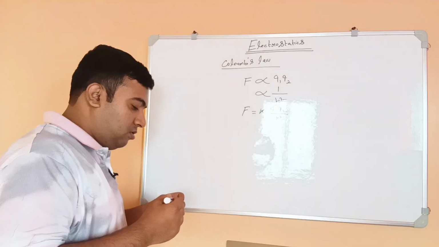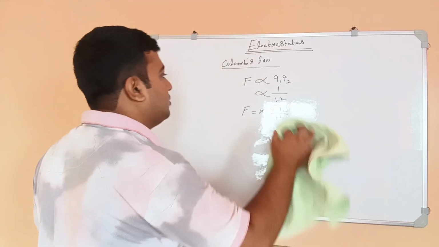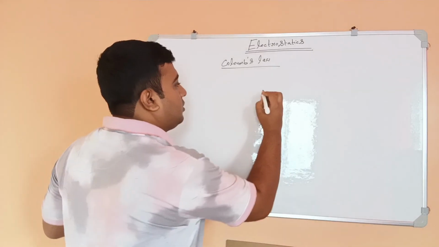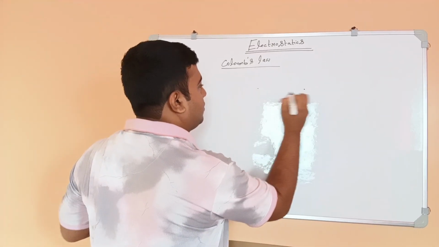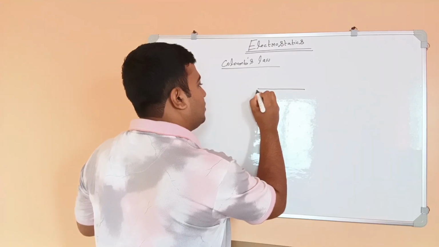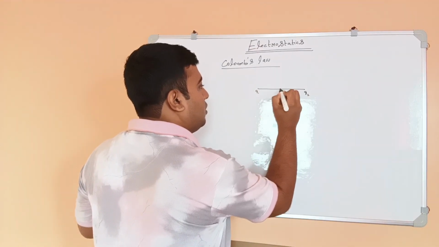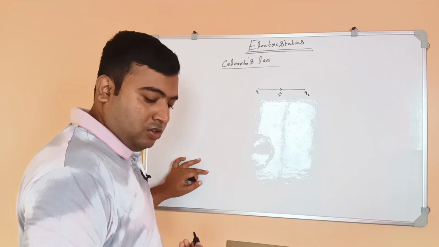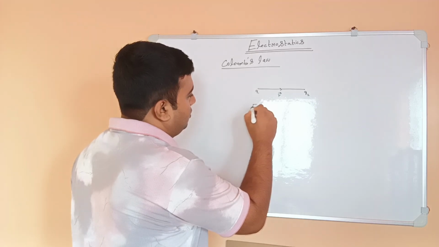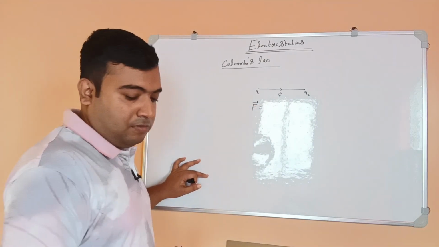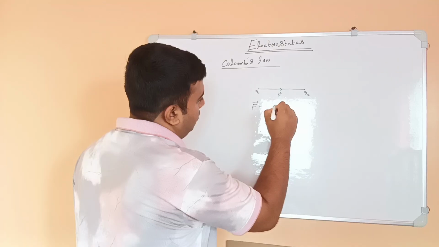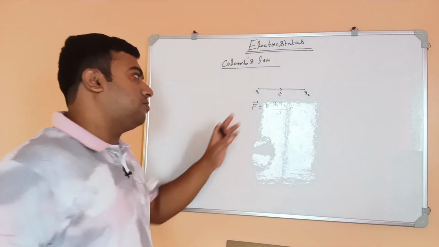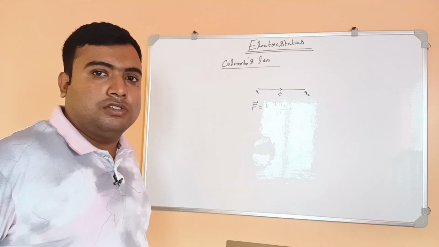If we consider two point charges separated by a distance r, this is q1 and this is q2, and the separation between them is the r vector. The force between them will be k q1 q2 by r square into r hat, which is the direction of this force.